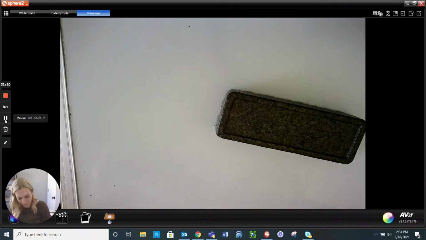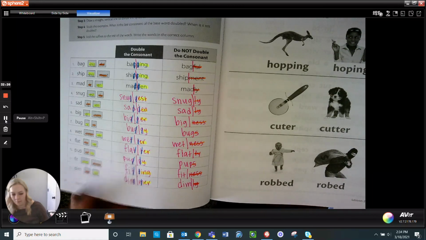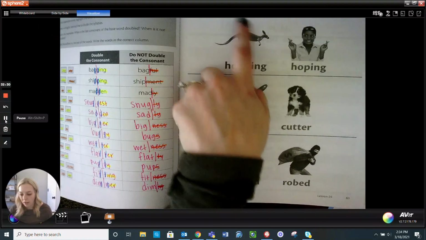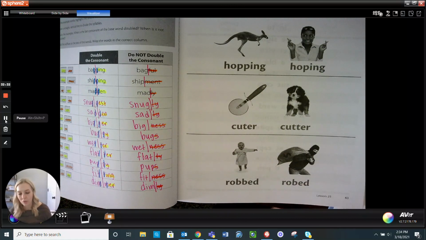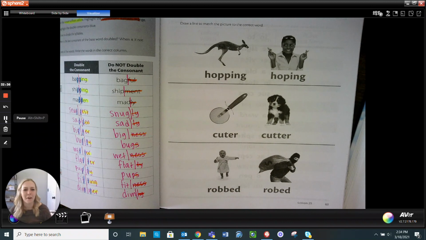Good job. All right, on page 63, last thing for today, I want you to draw a line to match the picture to the correct word. Let's see how fast you can do this. I'll give you 30 seconds.